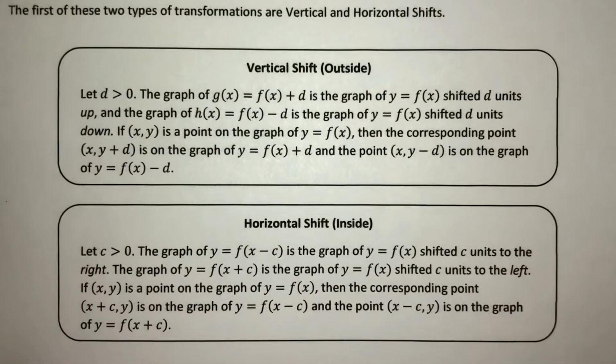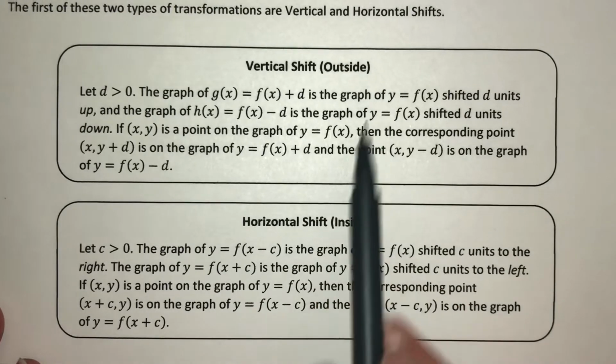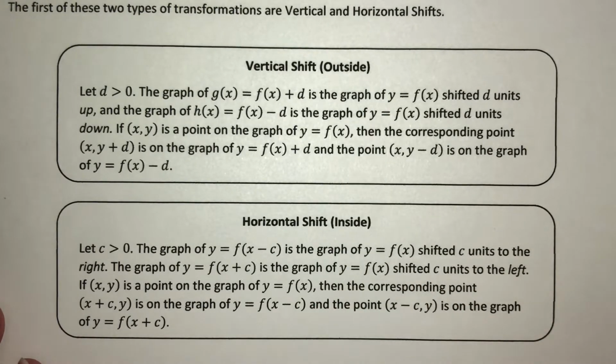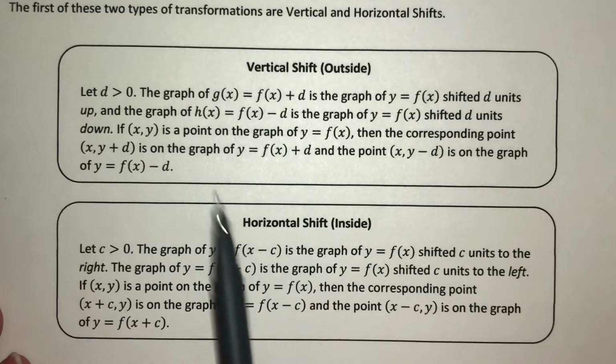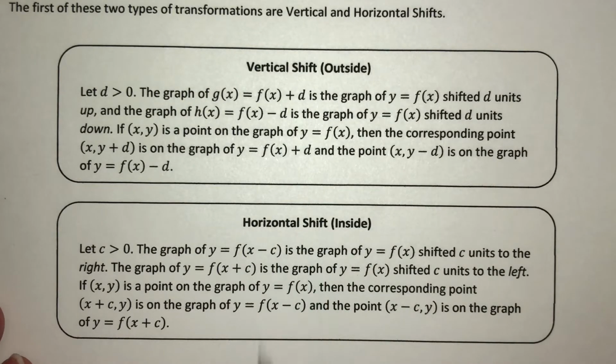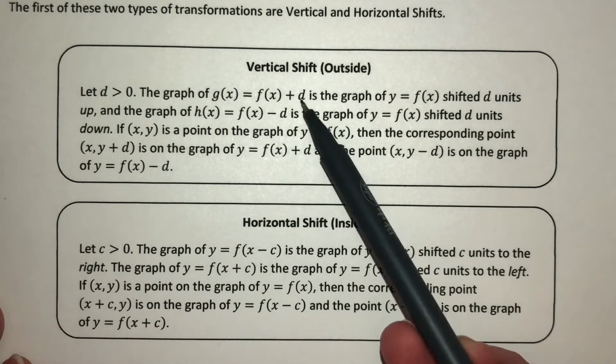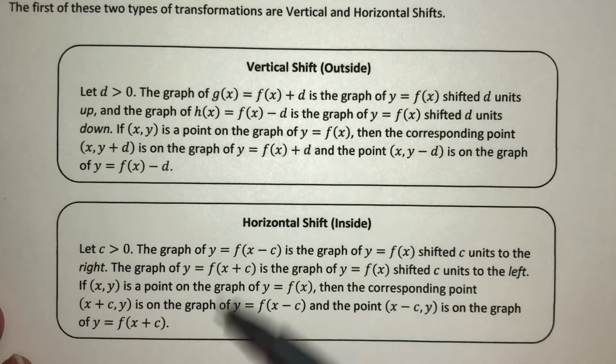Now, I have labeled all of these inside and outside, and at the end, I think you'll see why I've done that, how they're all grouped together, and how you can use that to help you remember which kind of transformation is which. So the vertical and the horizontal shifts both involve either adding or subtracting something.